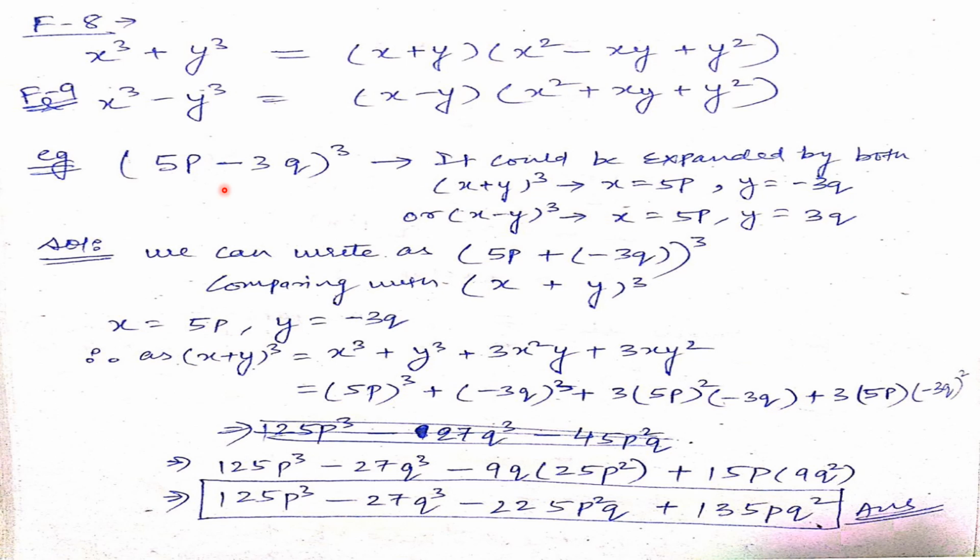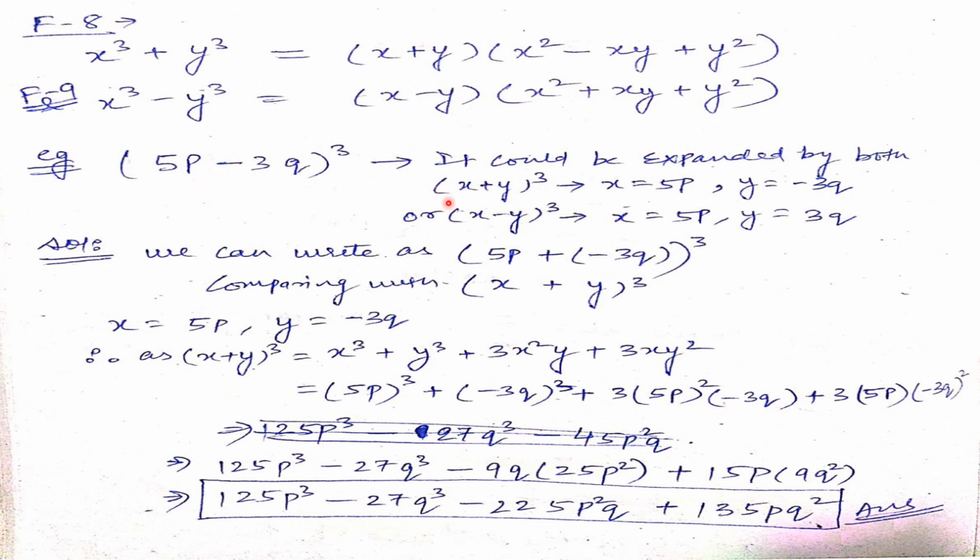Okay. So this could be expanded by both the ways. In the first way, I can use formula (x + y) whole cube. And second way, I can use (x − y) whole cube. In this case, if you compare these two, what you can say is the value of x is 5p. Then there is minus sign, plus sign.